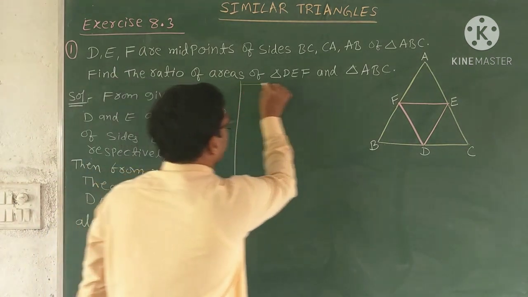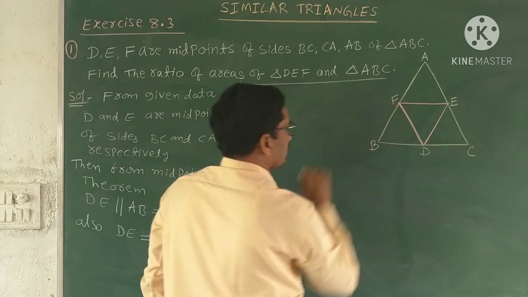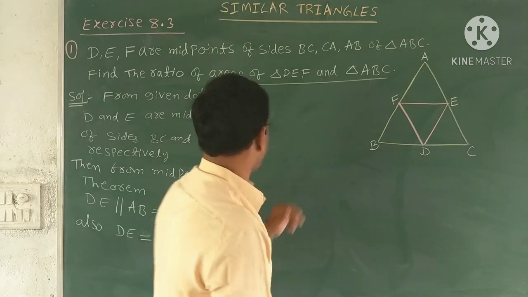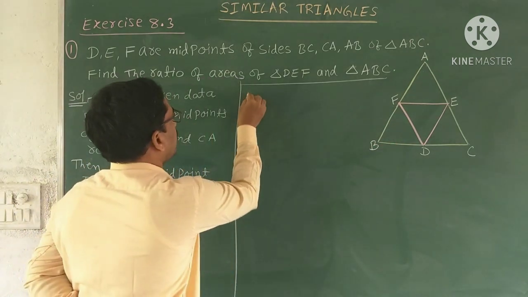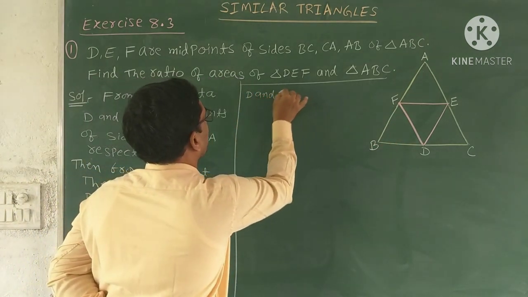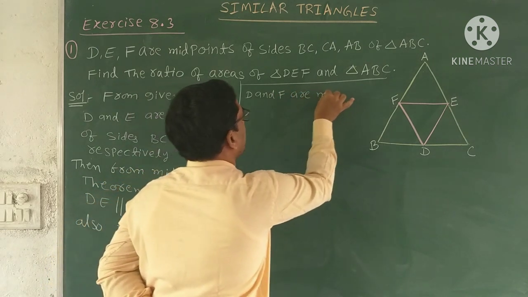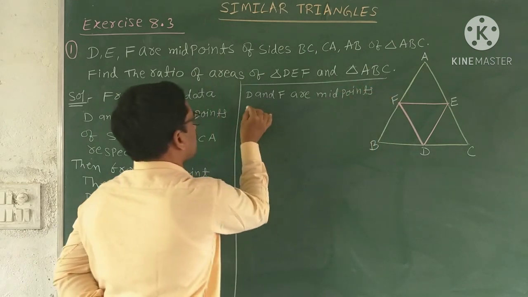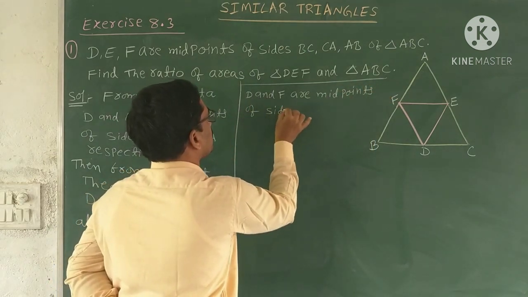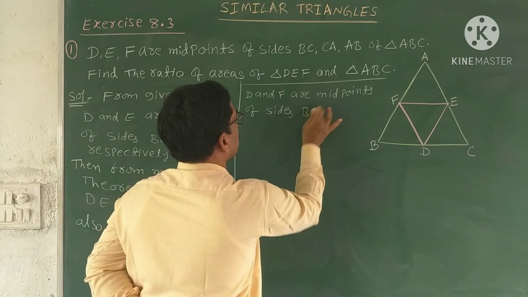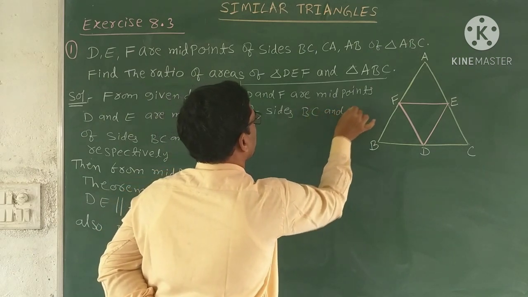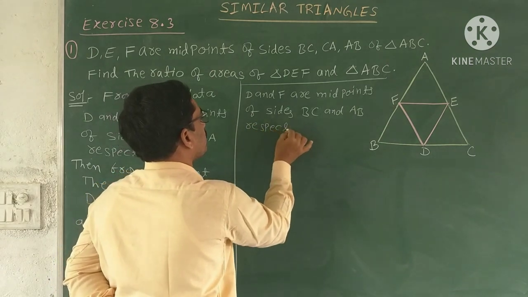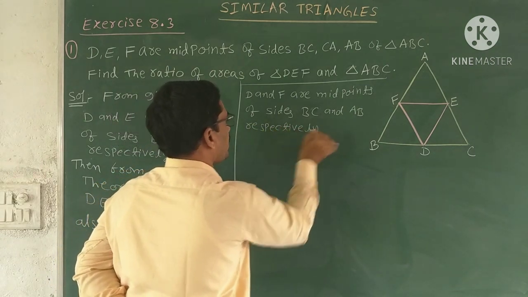Now in the same way, D and F are midpoints of sides BC and AB respectively. So again the same concept from midpoint theorem.